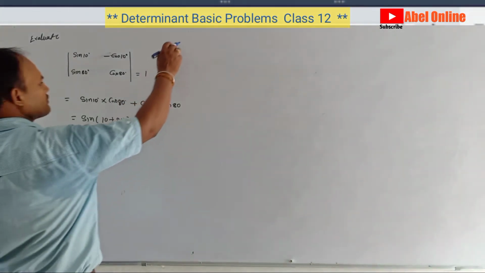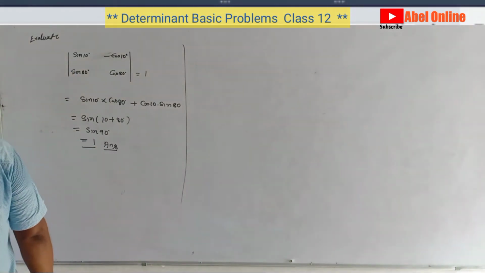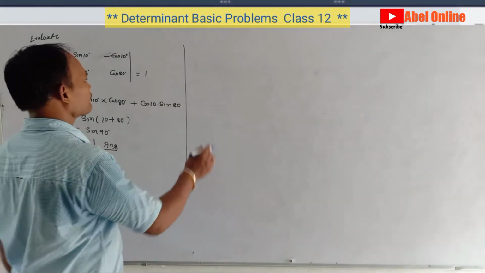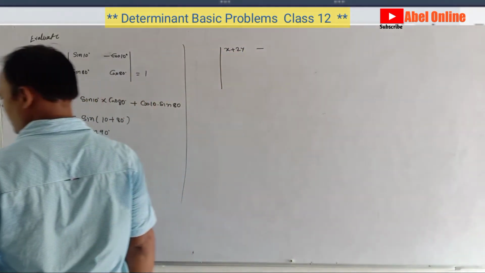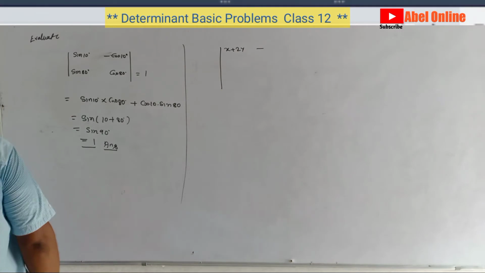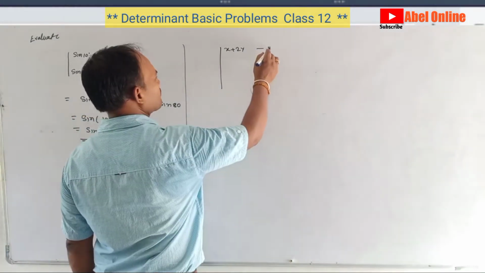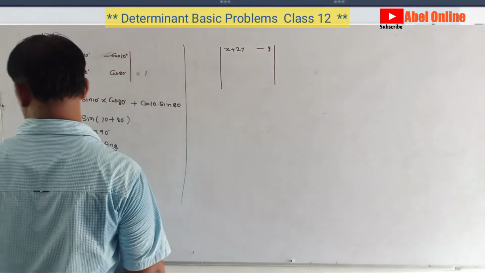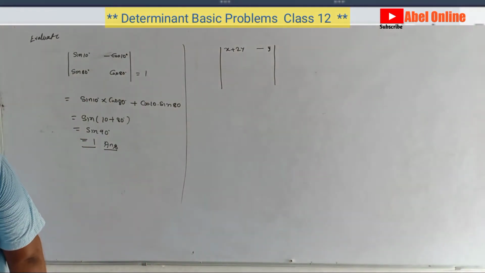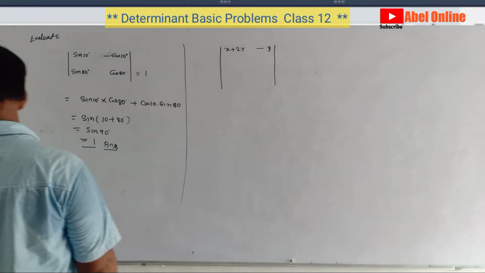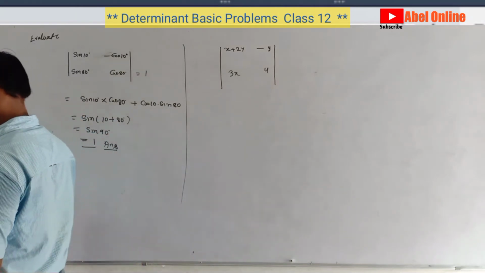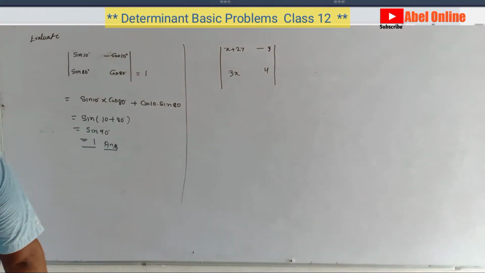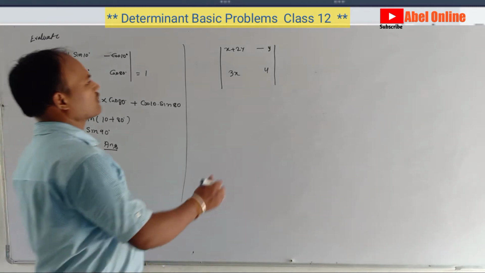Okay, so what is the next question? Next question is: the determinant with first row x plus 2y and minus y, second row 3x and 4, equal to the determinant with first row minus 4 and 3, second row 6 and 4.